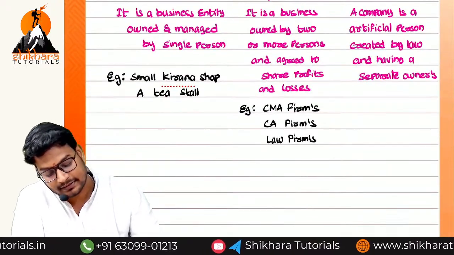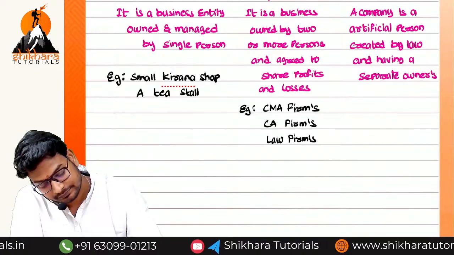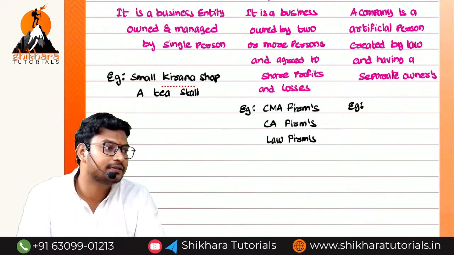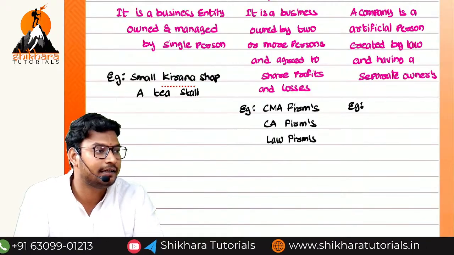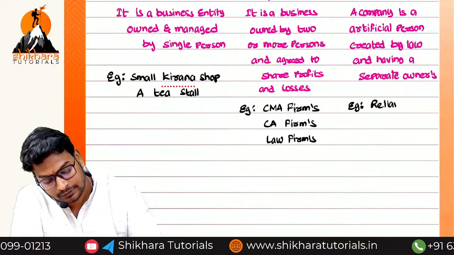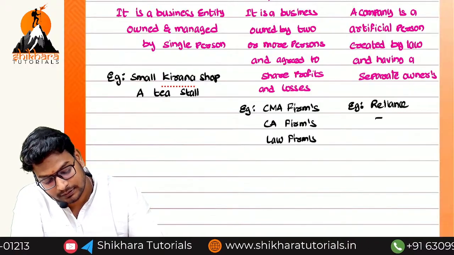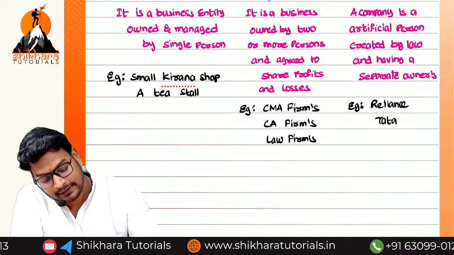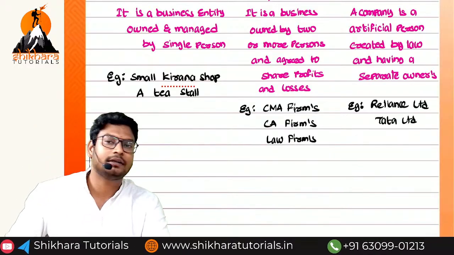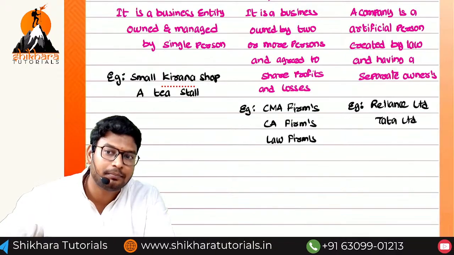So can you give examples of a company? The most popular companies are Reliance, Tata, Infosys. Reliance is one example, and Tata. Reliance is also a limited company. Tata is also a limited company. What is the meaning of limited? Public company.